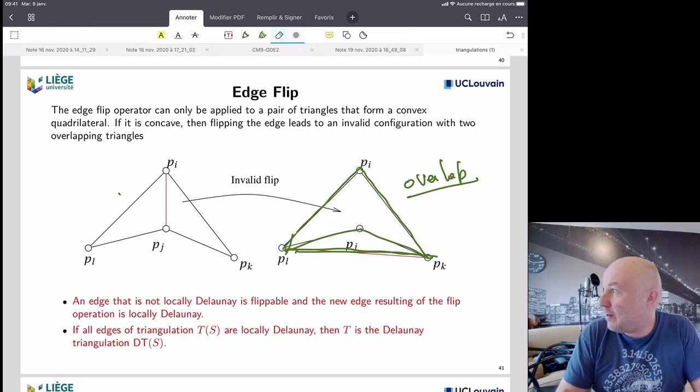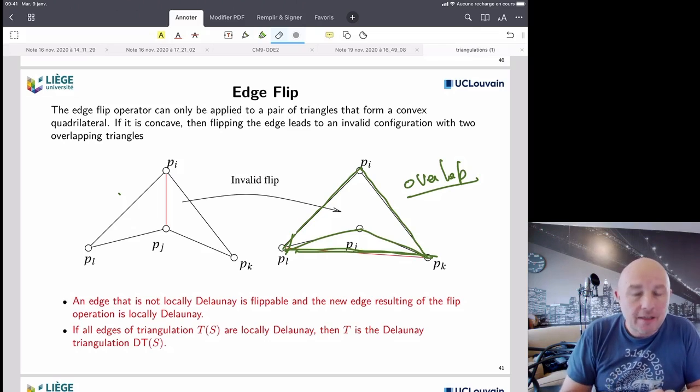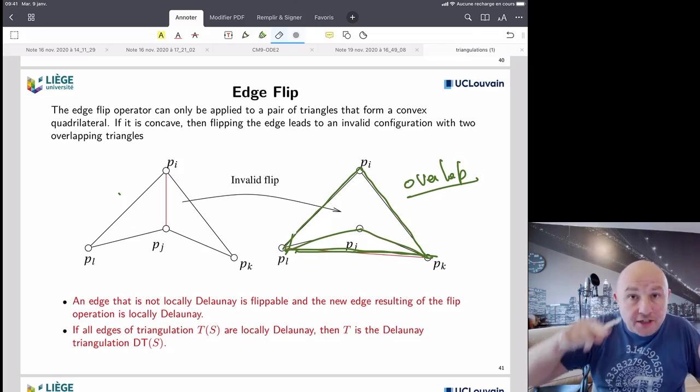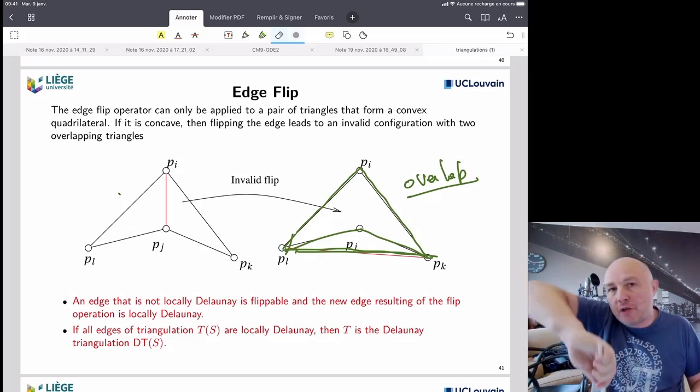So the edge flip algorithm is robust. It will only apply when the edge is not locally Delaunay, and when it's not locally Delaunay, it's mandatory that the two triangles that share that edge form a convex quadrilateral, so you can flip.